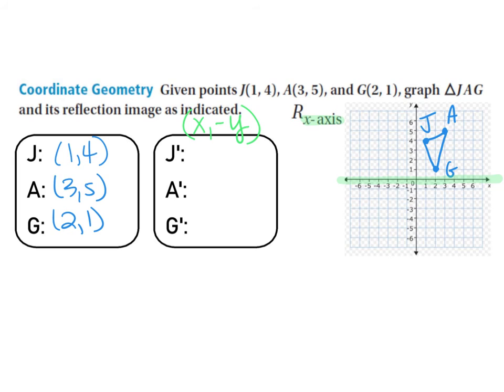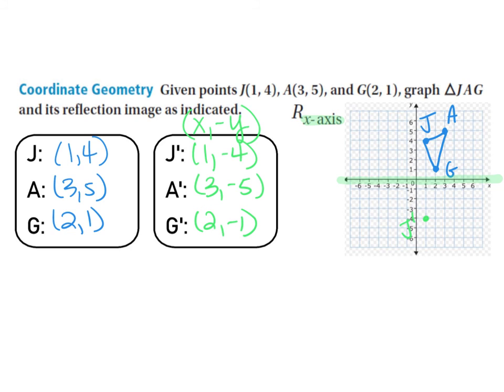So again, I'm going to do how I use the rule just like with rotations. So my x stays the same, and I'm going to take the opposite of y. My x stays the same, take the opposite of y. My x stays the same, take the opposite of y. So 1, -4 is j prime. 3, -5 is a prime. And 2, -1 is g prime.